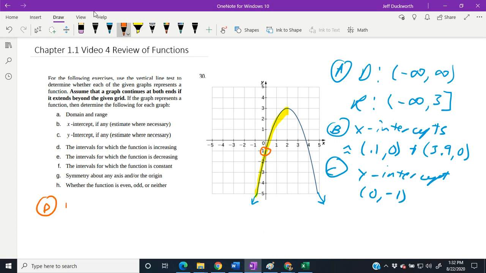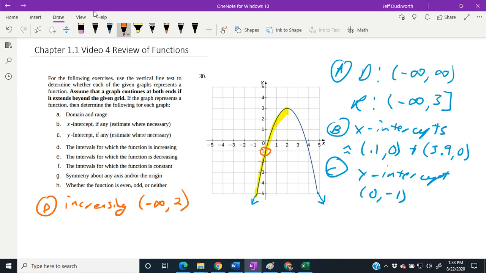So increasing along the interval negative infinity all the way to 2. X is 2. And I'm going to leave the parentheses there because at 2, it's neither increasing nor decreasing. So we'll figure that out.